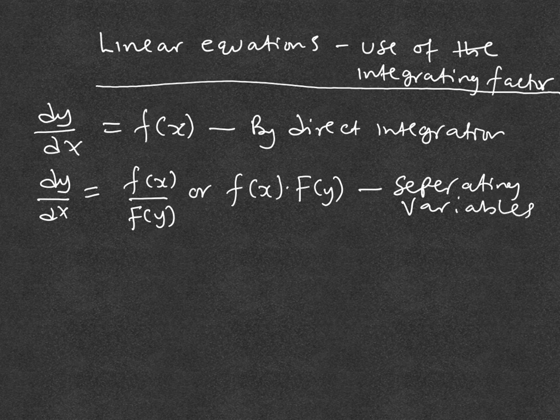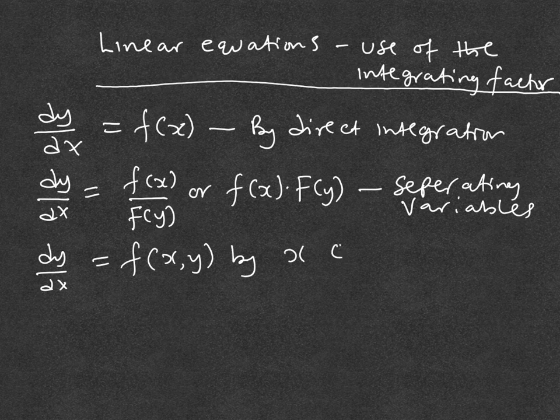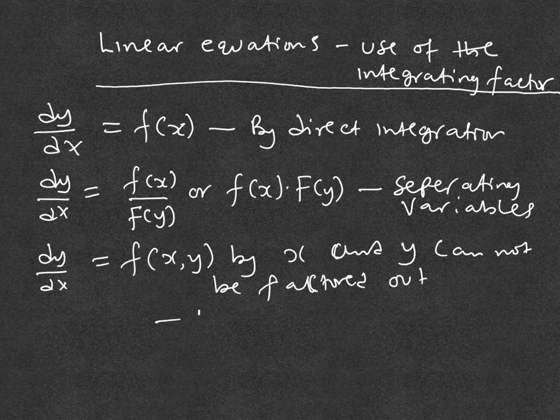Then we talked about dy by dx is both a function of x and y, okay? But x's and y's cannot be factored out. Now here there was a condition.